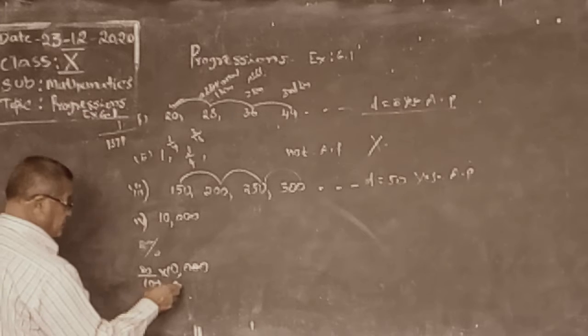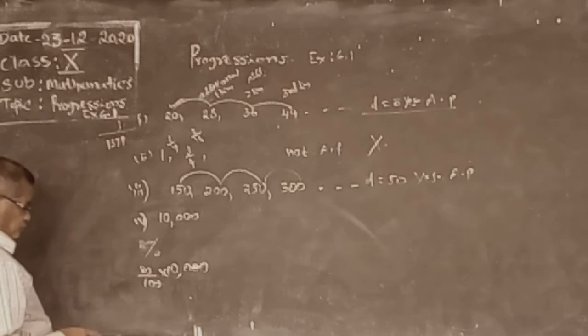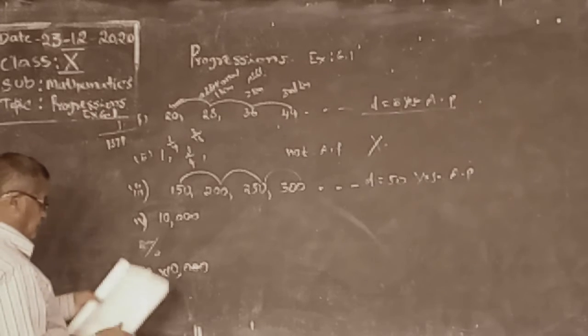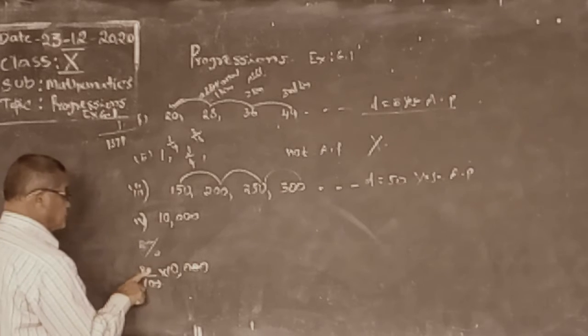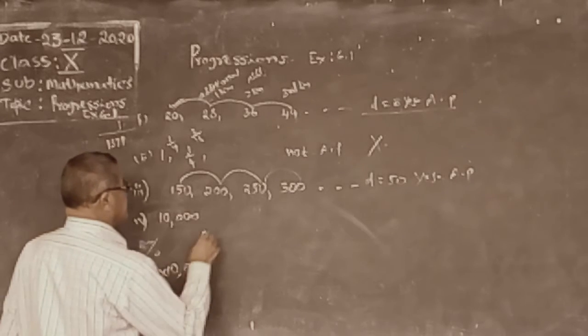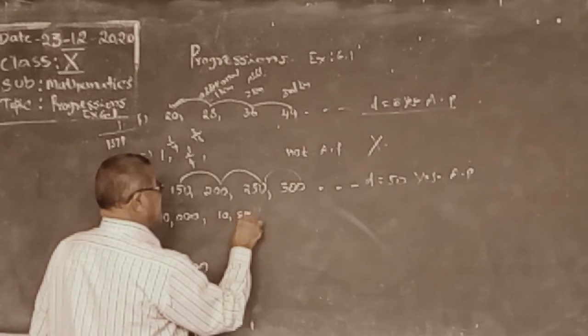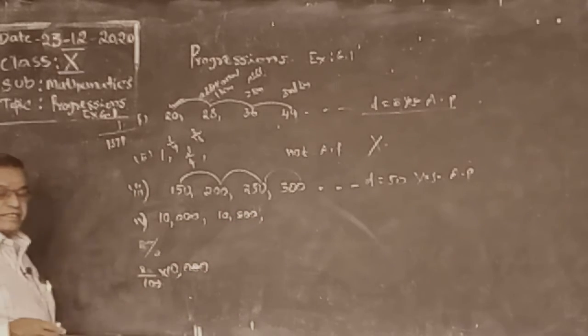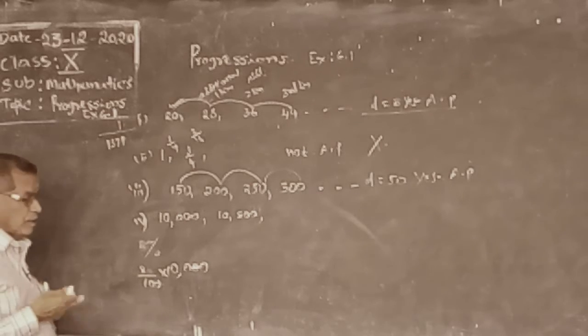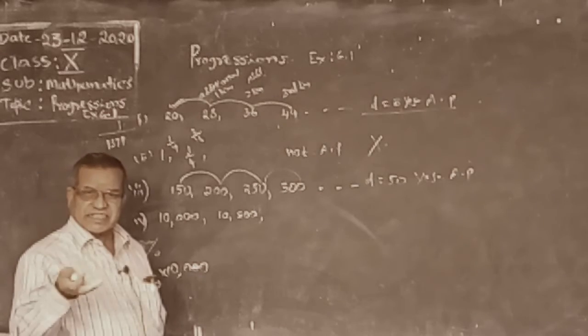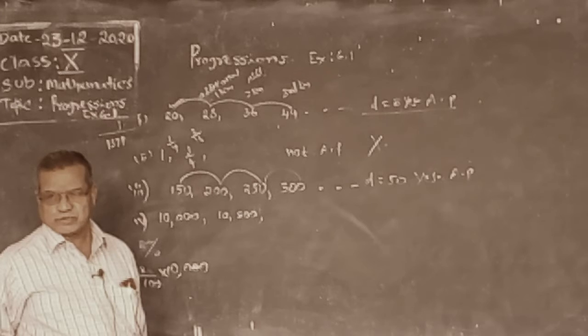So we are getting 8%, not 80. So 800 interest is added, 10,800.